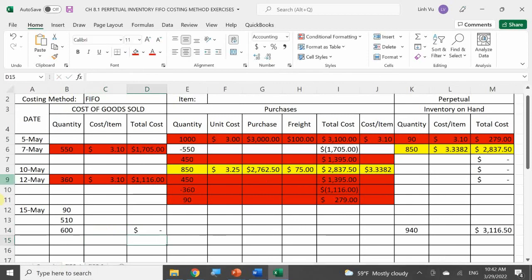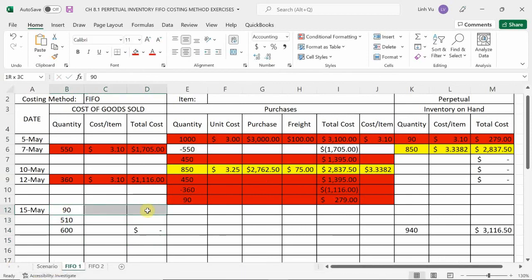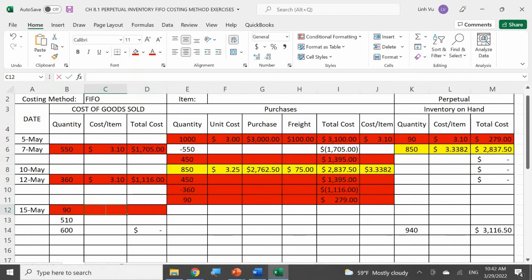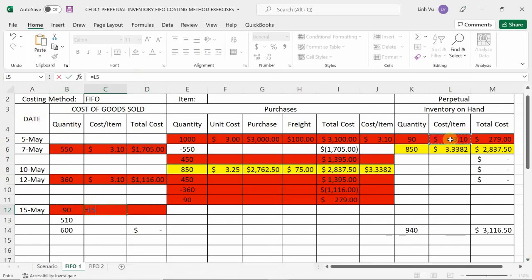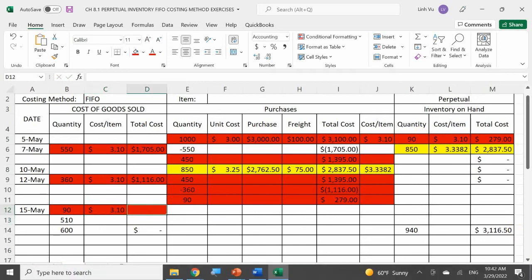Now, my 90 batch is going to come from my red, which we know to be from $3.10. Since we're going to get rid of all of it, we already automatically know it is $279, but I'm just going to be consistent here and type in my formula. So we already know it's $279.